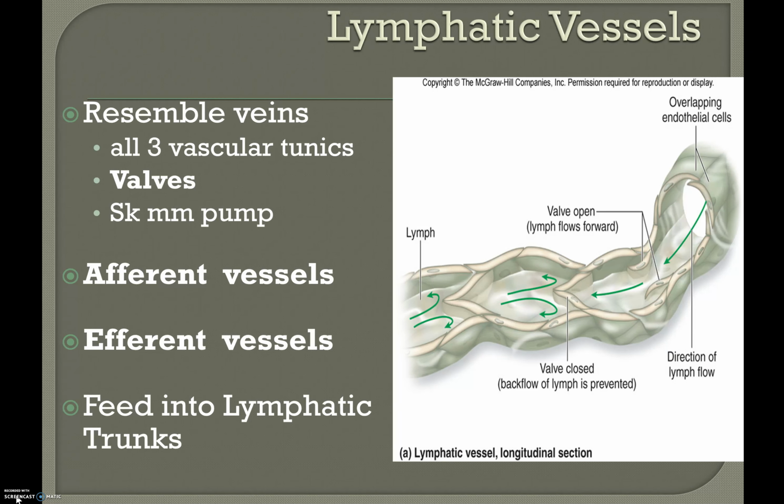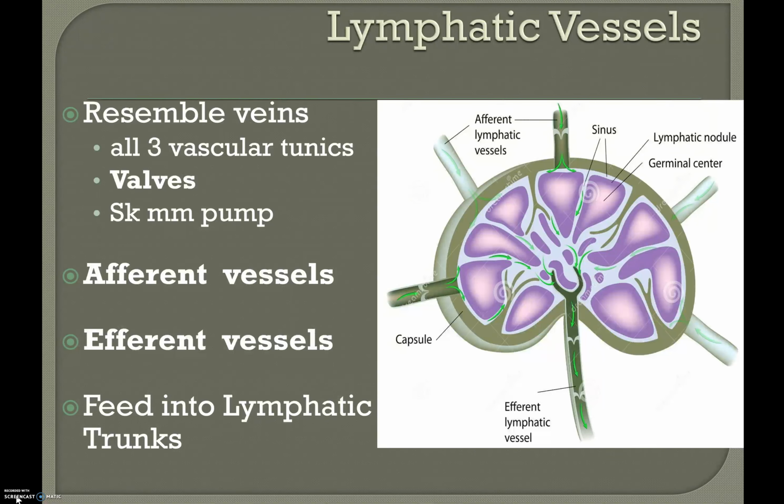Okay, now there are afferent vessels and efferent vessels. Afferent vessels carry lymph towards a lymph node, and efferent vessels carry lymph away from a lymph node. And these lymphatic vessels join together to form larger lymphatic trunks.